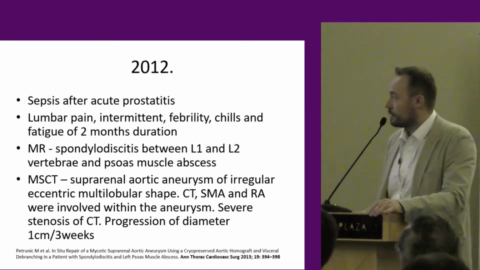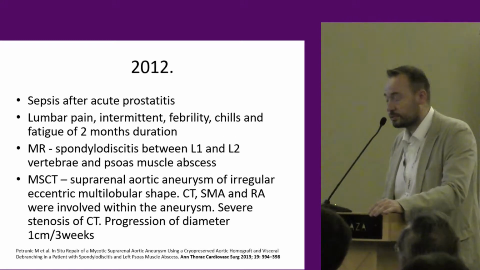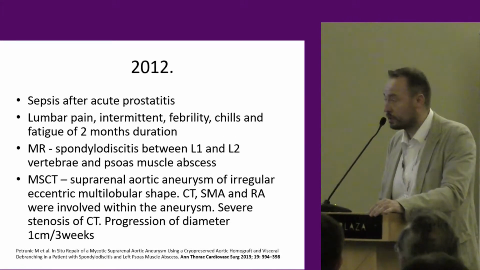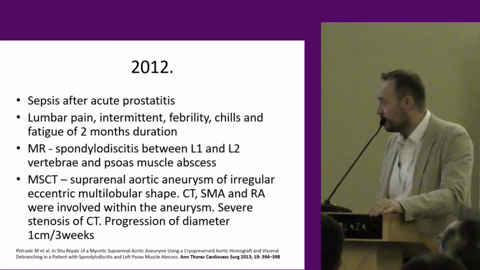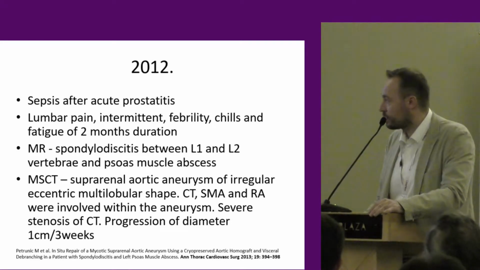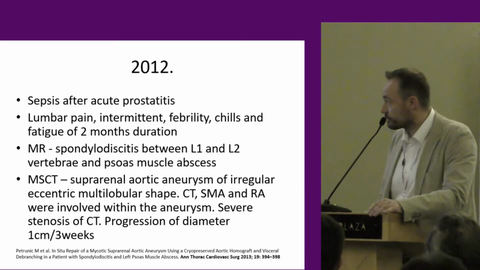They did an MRI which presented spondylodiscitis between L1 and L2 vertebrae and psoas muscle abscess. Then they did a CT which showed the suprarenal aortic aneurysm with the celiac trunk, superior mesenteric arteries, and renal arteries that were involved within the aneurysm.